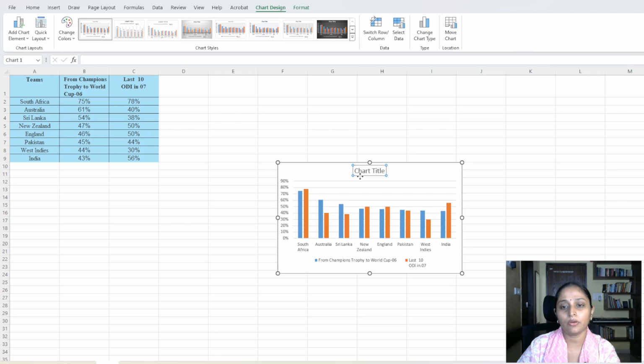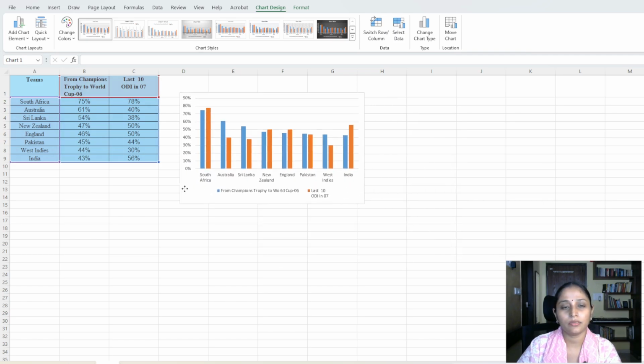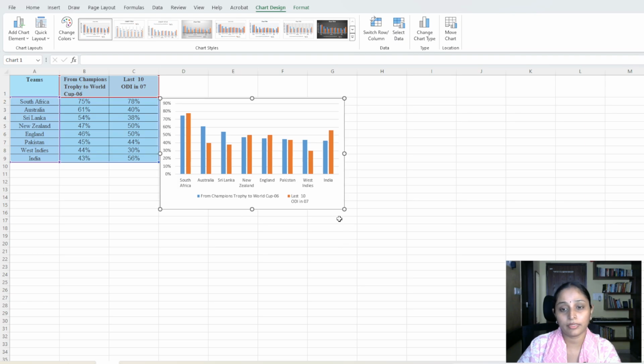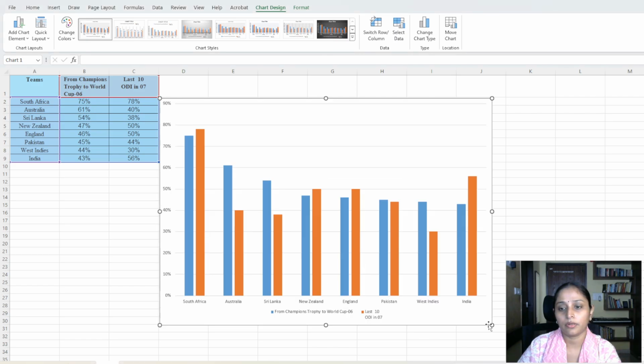So this is about the performance of different teams. Let me magnify this. Okay, little bit, right? So this is about the graph.